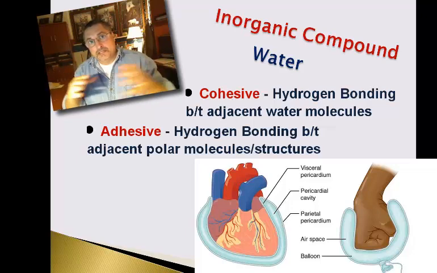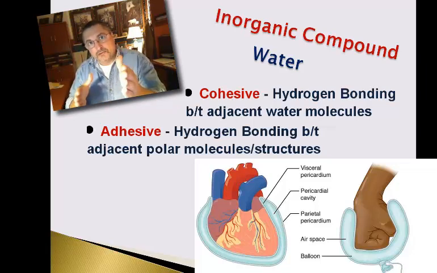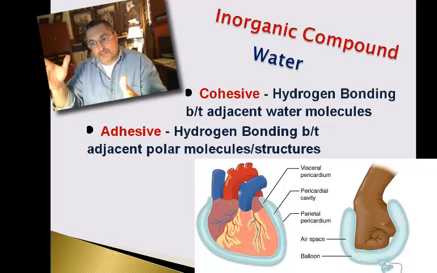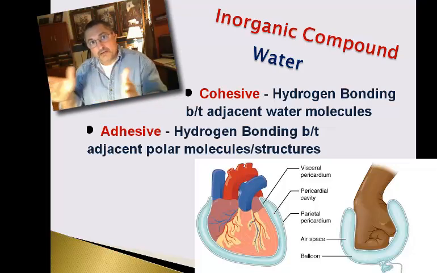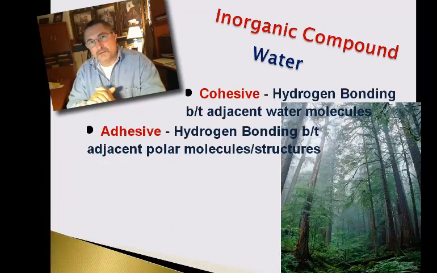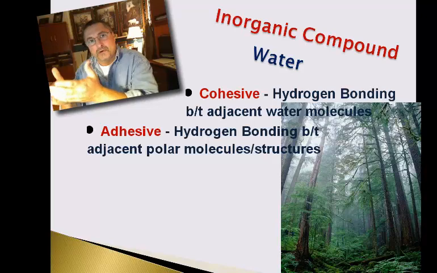So ultimately, it's layers of water molecules that make sure that we hold the visceral pericardium to the parietal pericardium. It's that hydrogen bonding between those molecules, creating the surface tension in the middle and creating the adhesive characteristics on the side. On the flip side, adhesion is also how we get water to migrate up a tree.